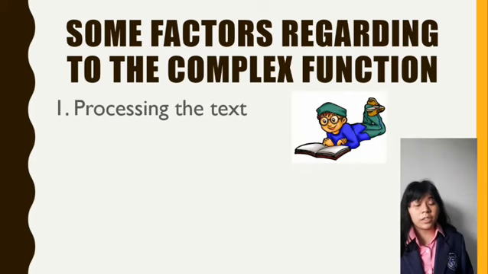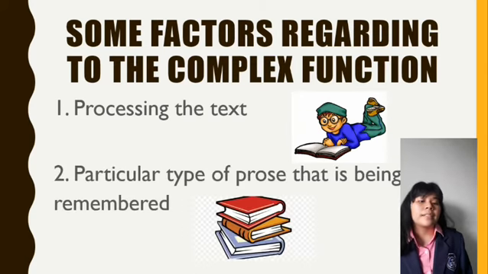There are some factors regarding the complex function of memory for prose. The first factor is the kind of reading or studying activity in which the learner engages while processing a text. The second is the particular type of prose that is being remembered.